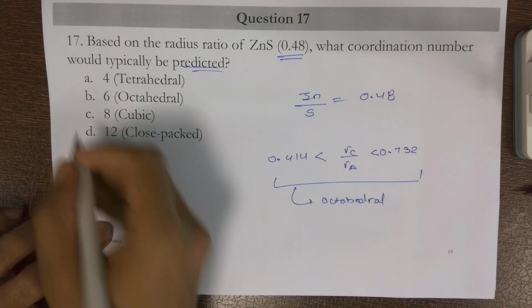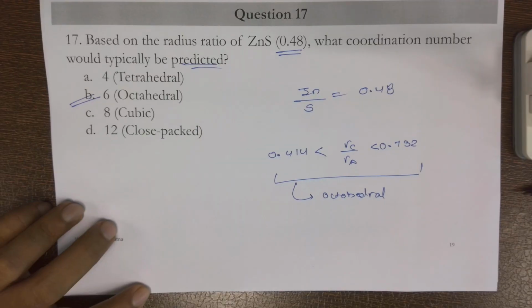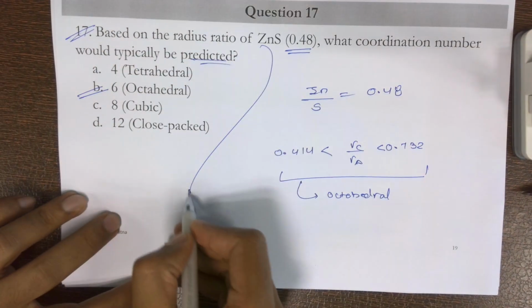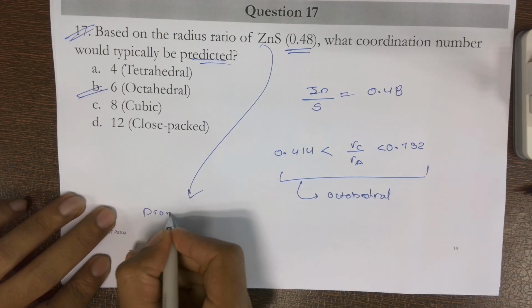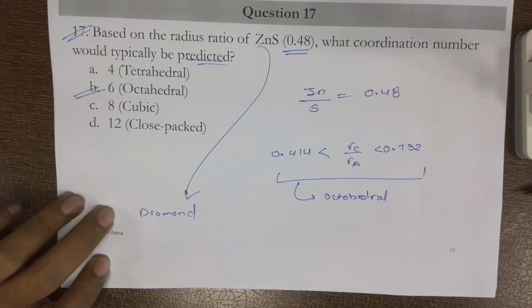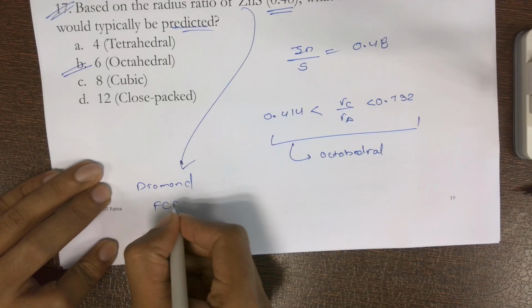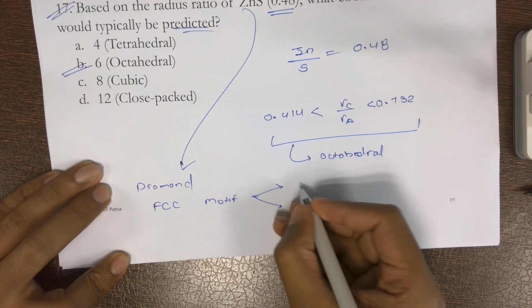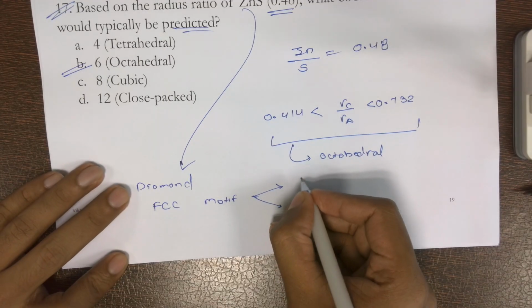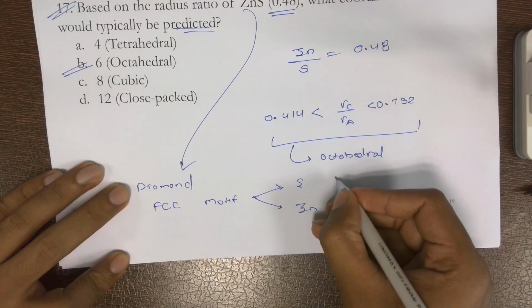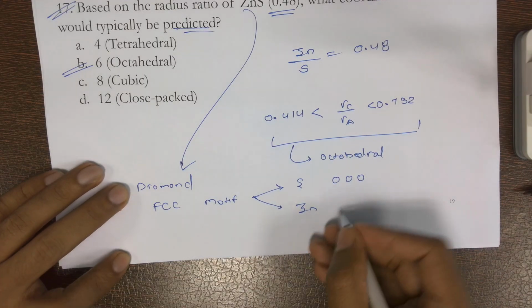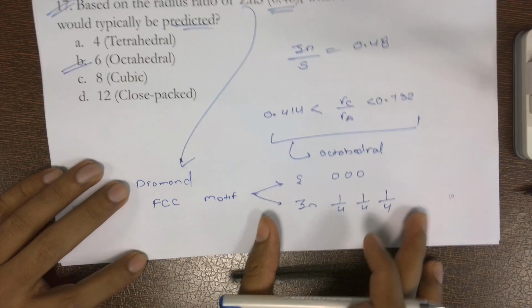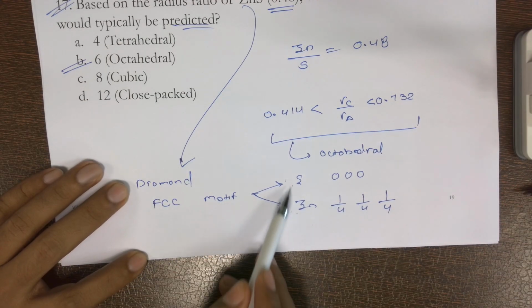So according to that, option B should be the right answer. Right. The lattice is made up of, we can write, like 1 by 4, 1 by 2, which is required by the carbon itself.